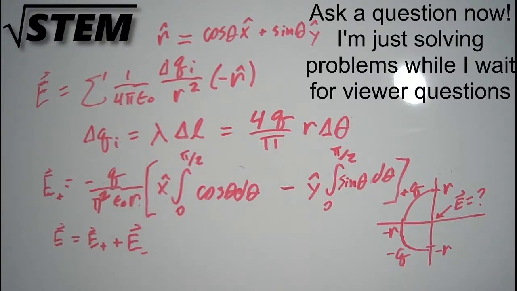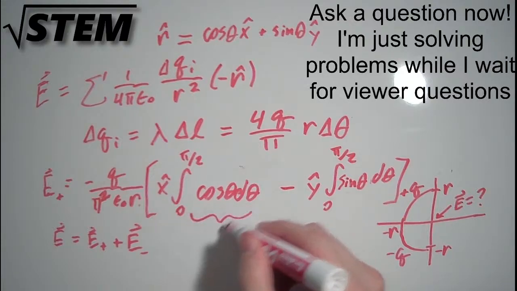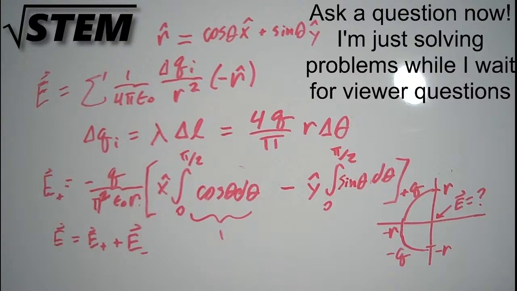So, in the x hat, integrating cosine, you would get sine from 0 to pi over 2, which would be sine of pi over 2 minus sine of 0, also known as 1. So we're going to get 1 in the x hat direction here. If you derive to positive sine, then you integrate to negative cosine. So we'd have cosine of pi over 2 minus cosine of 0, also known as negative 1.